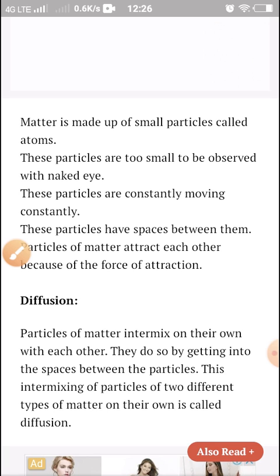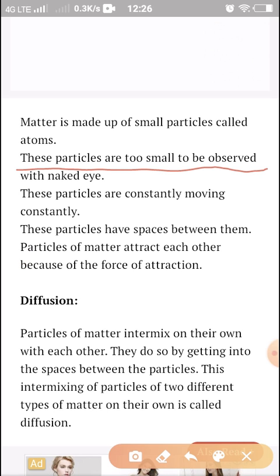These particles are too small to be observed with the naked eye, so we can see only the output, like the wood and chair made from the atoms. We can't observe the atoms with our naked eye because they're very small.